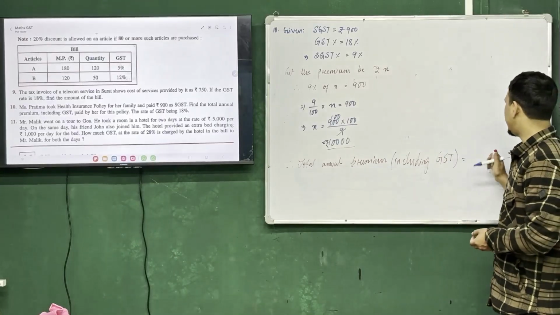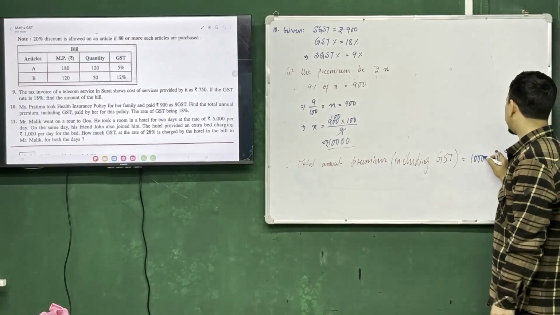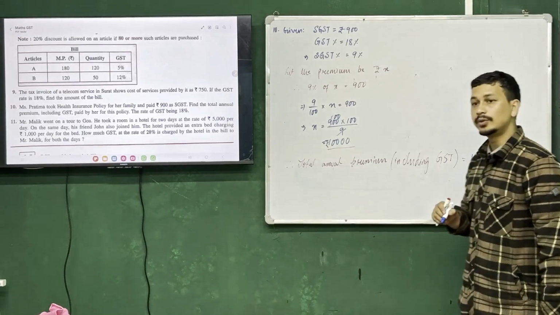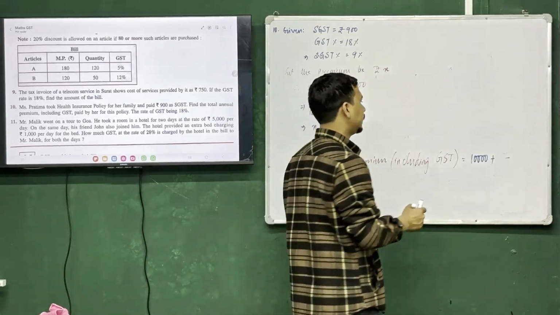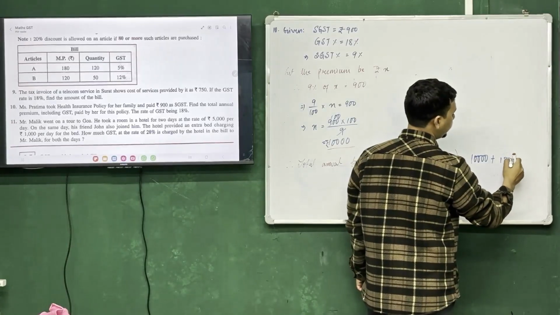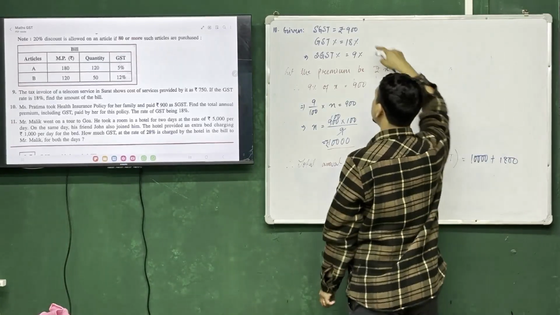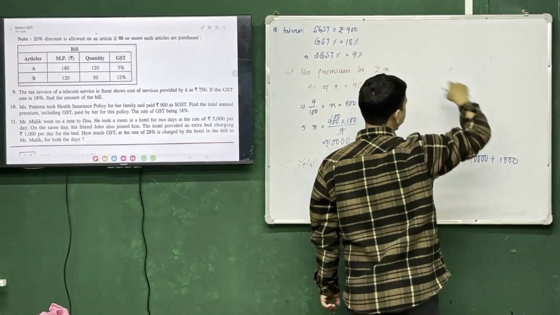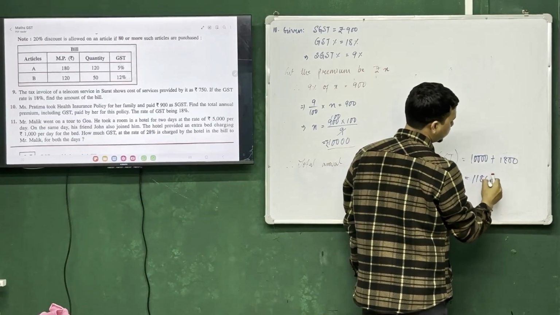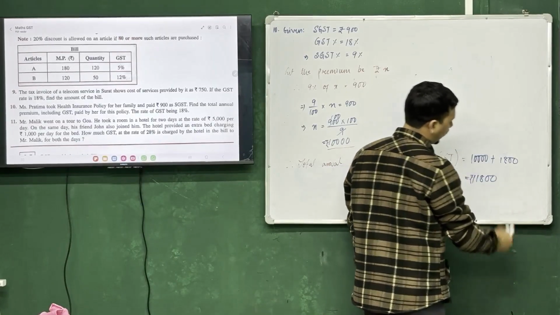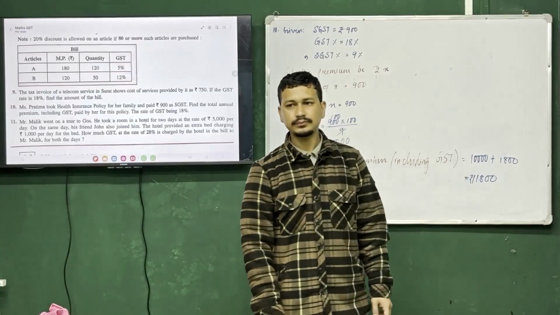So that much he has to pay, plus, how much will be the GST? 1800. Very good. It will not be 900 because the SGST is 900, so GST has to be double. So it will be 11,800. Got it?